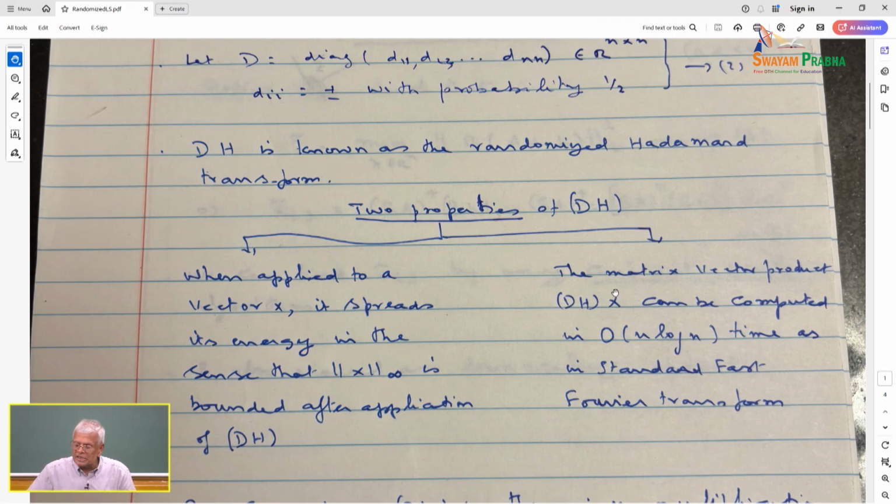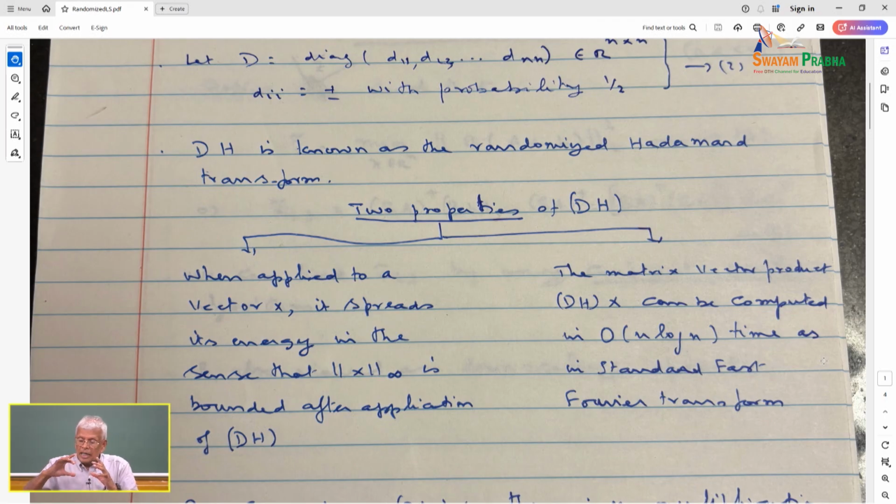So, multiplying the vector Hx by D randomizes the components by multiplying them by plus 1 or minus 1 with half-half probability. Now, please understand, Hx can be computed in n log n time by the standard fast Fourier transform methods. I already told you H plays the role of the Fourier transform in the real domain.